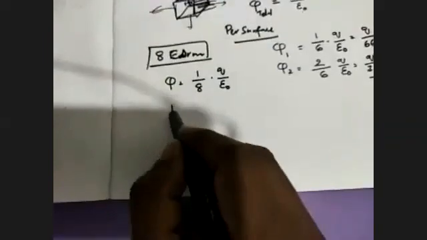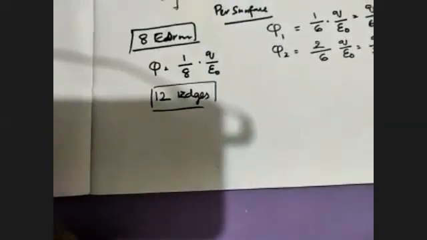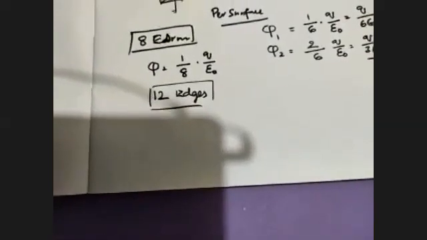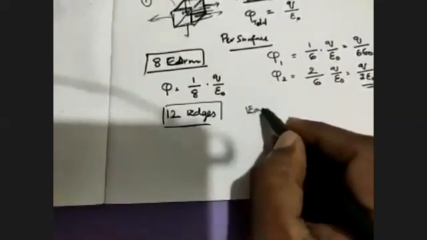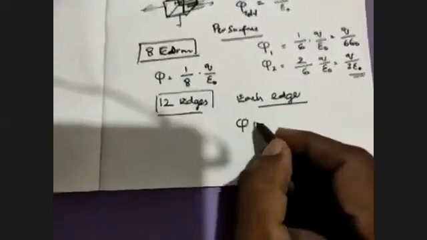And how many edges are there? 12 edges are there. What is the flux coming out from each edge of the cube?